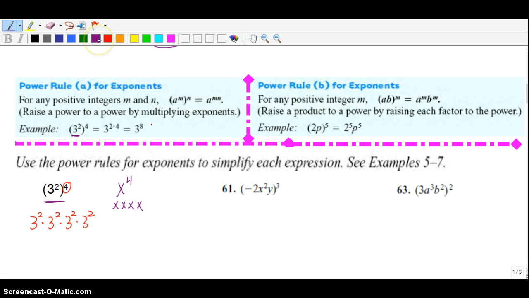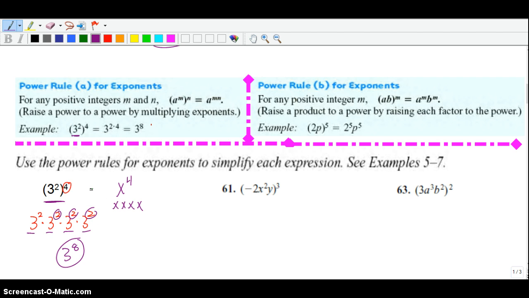And as you saw from the product rule before, you just add the exponent powers if you have like bases. So 2, 4, 6, 8. So I just wanted to show you why you multiply when you have power to a power. So hopefully that cleared some of that up for you.